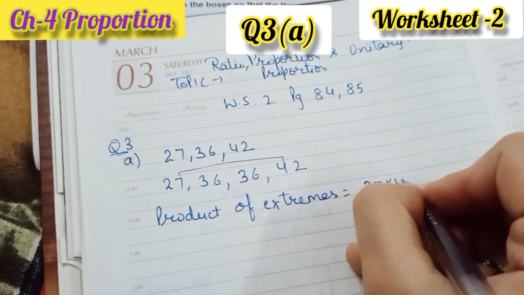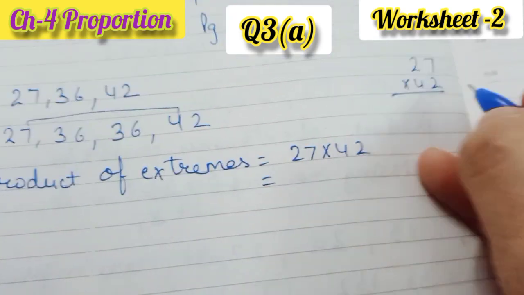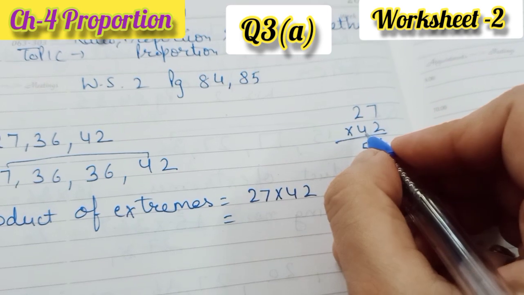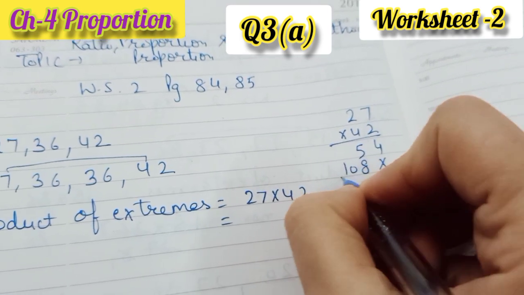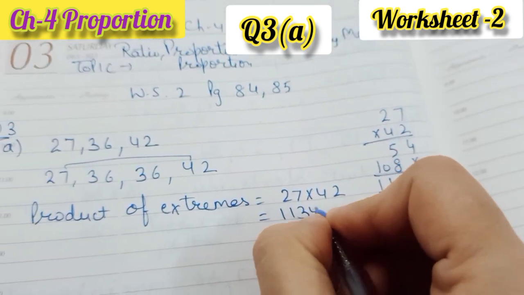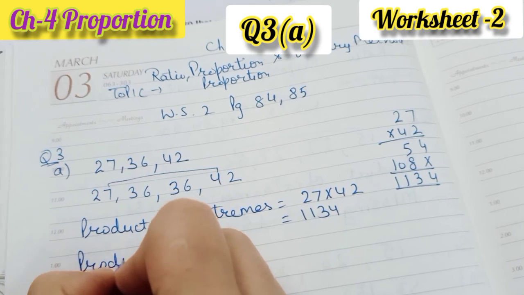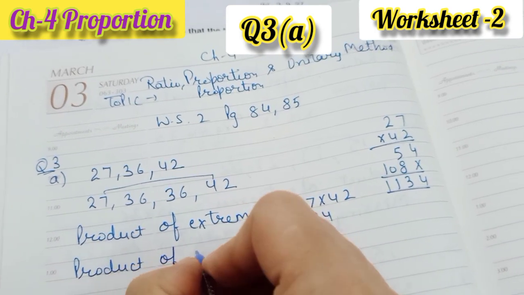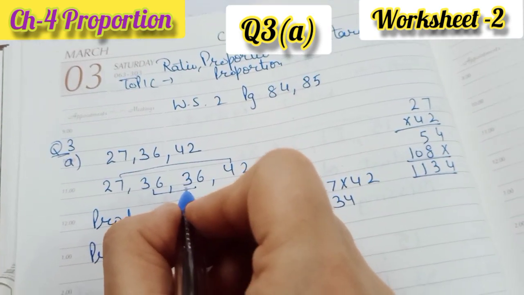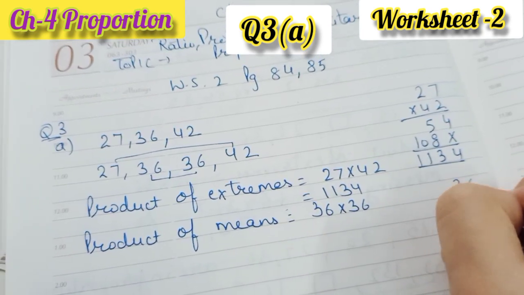That is 27 into 42. Multiply it. We get the product 1134. Now find the product of means. Means are 36 and 36. So 36 multiplied by 36. Solve it.